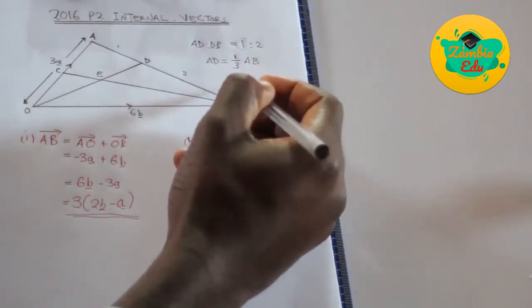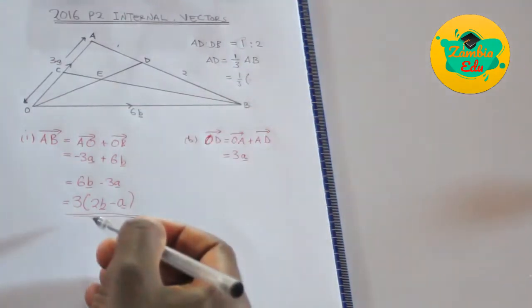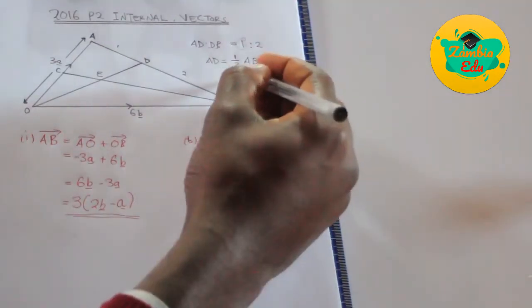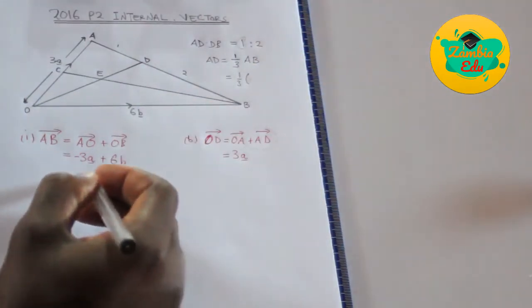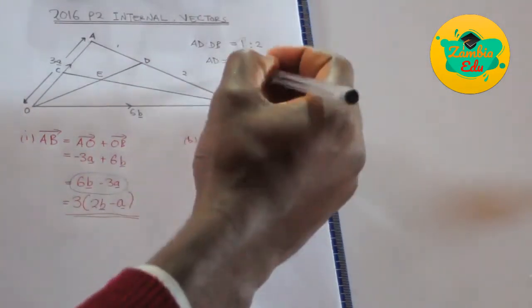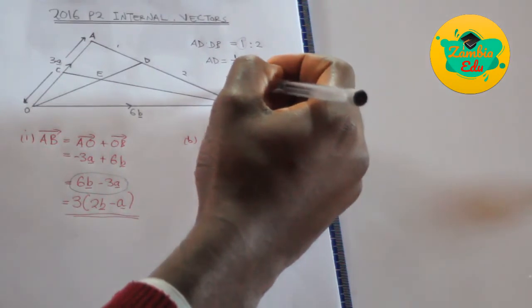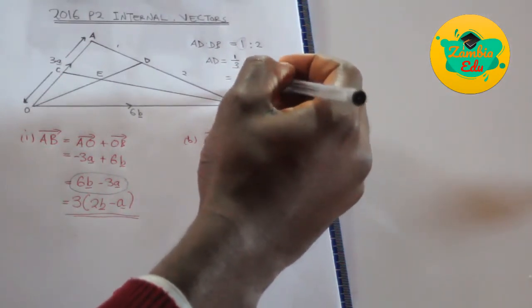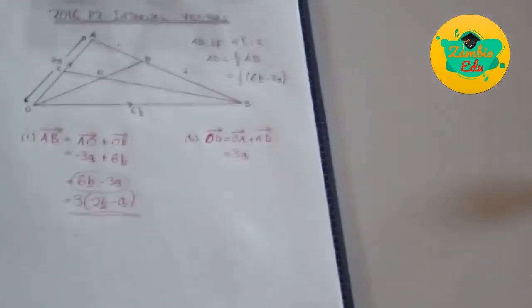So 1 over 3, then you put the value of vector AB, which we just found, 6b minus 3a. So that's the value of AD.